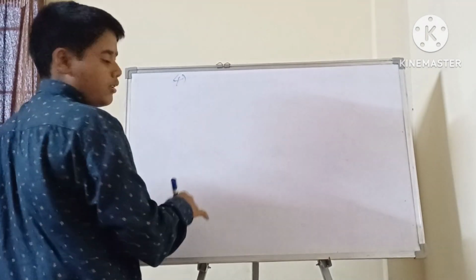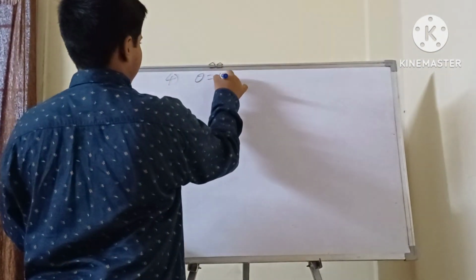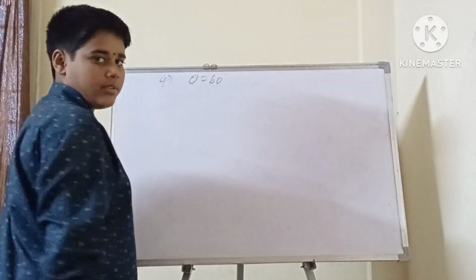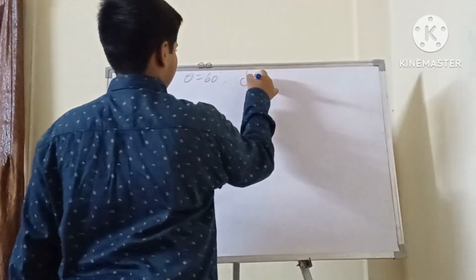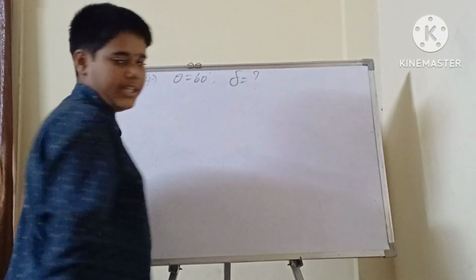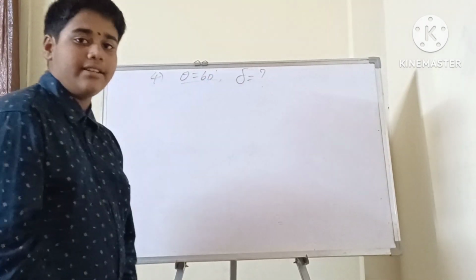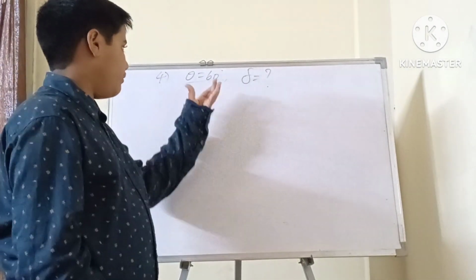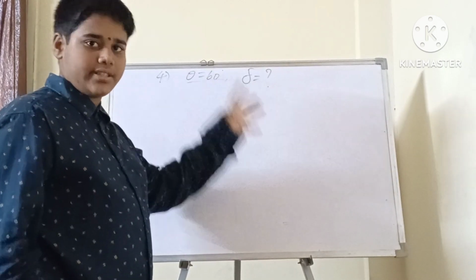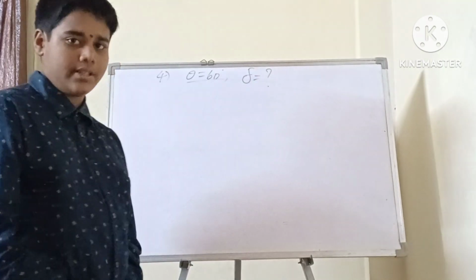Fourth one. Theta is equal to 60 degrees, and what is the angle of deviation? They are asking the angle of deviation for two plane mirrors.